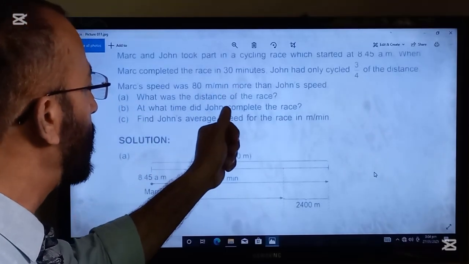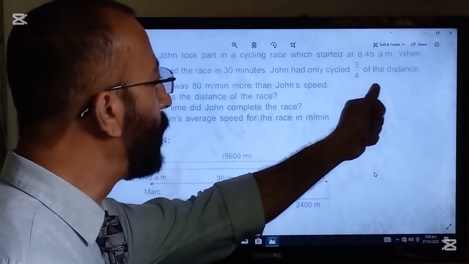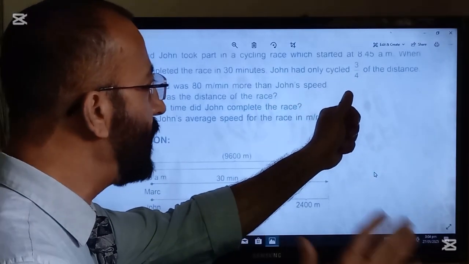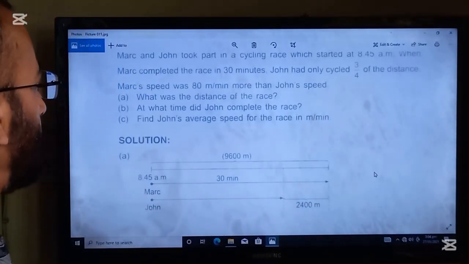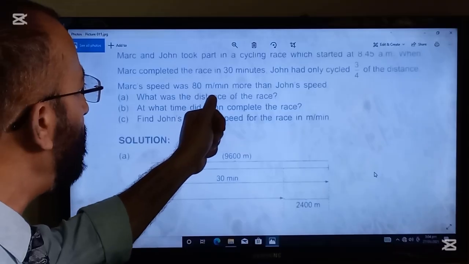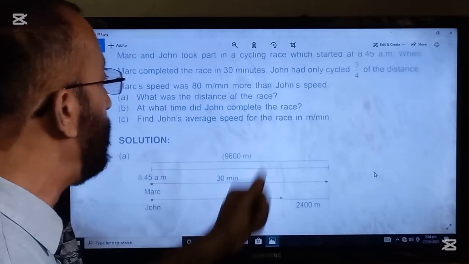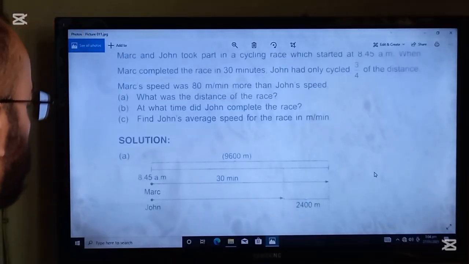And at that time, John had only cycled 3/4 of the distance. So it means still 1/4 of the distance is left after 30 minutes. Mark's speed was 80 meters per minute more than John's speed. What was the distance of the race?